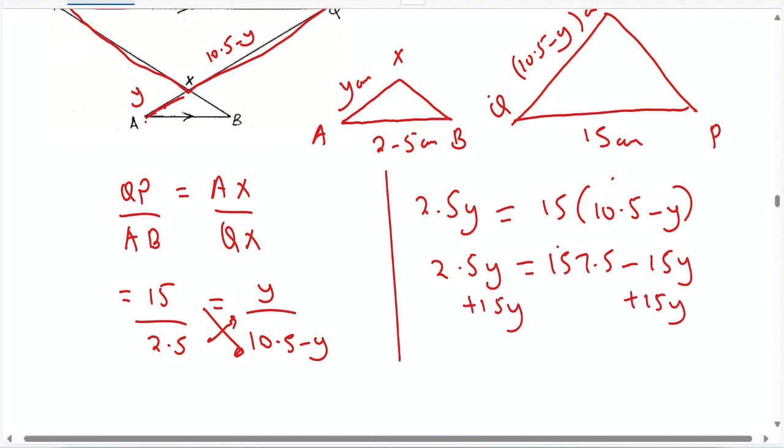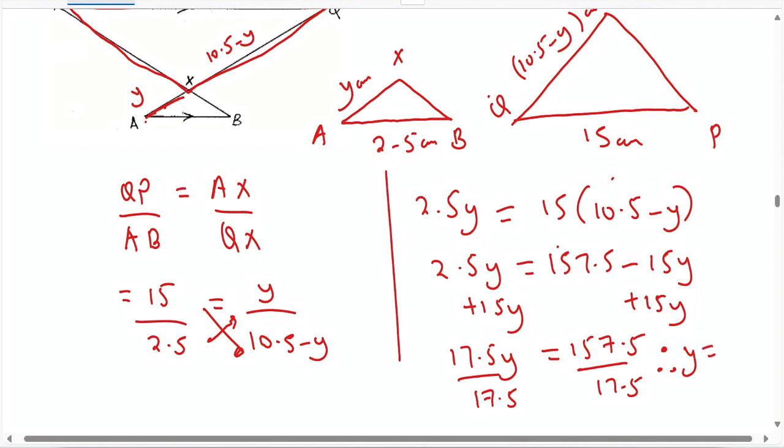So 2.5 plus 15Y is 17.5Y equal to 157.5 divided by 17.5. Y ni ngapi? 157.5 divided by 17.5 ni 9. So Y equal to 9.